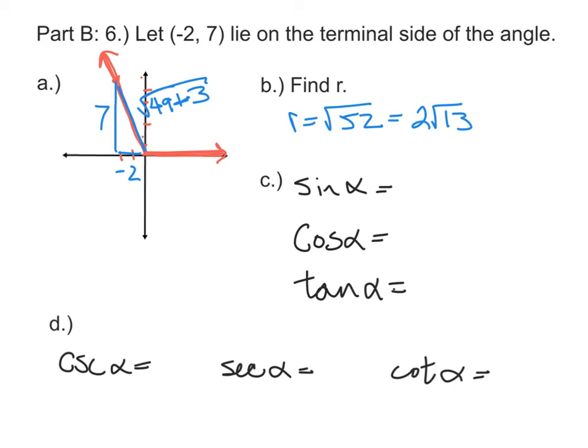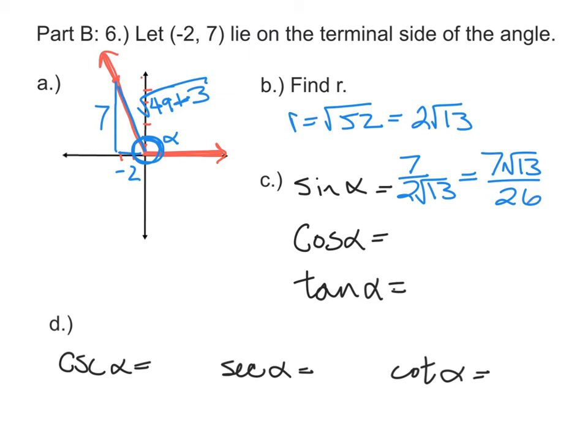Alpha is going to be the central angle. Technically, alpha is this angle. But as far as the triangle goes, it's all about being in the central angle, making 7 the opposite side, and square root of 52, or that 2 square root of 13, as our hypotenuse. So the sine is going to be 7 over 2 root 13, which simplifies into 7 root 13 over 2 times 13, which is 26.